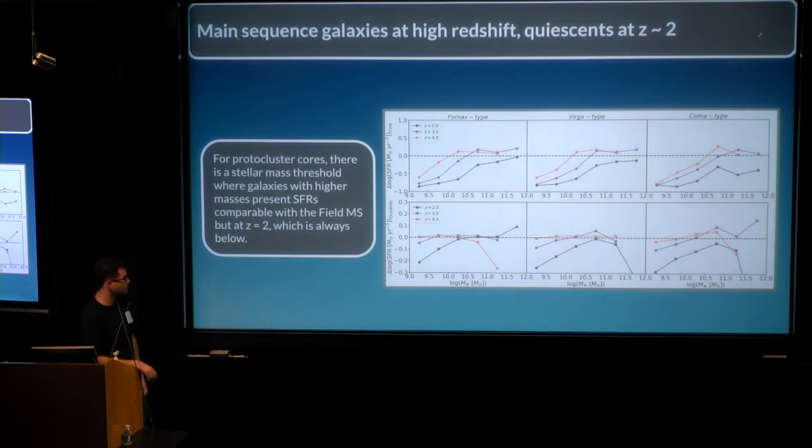What I'm showing here in the core is that, as I showed you before, galaxies in the core are very massive, and given this plot, they are on the main sequence. They are not crazy starburst galaxies. They don't present a crazy star formation rate.